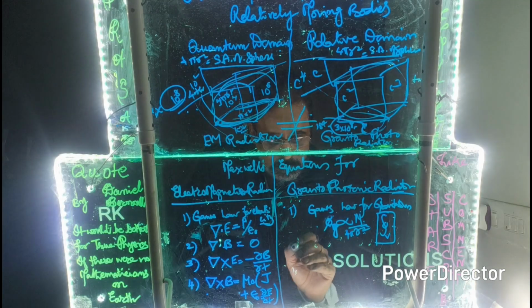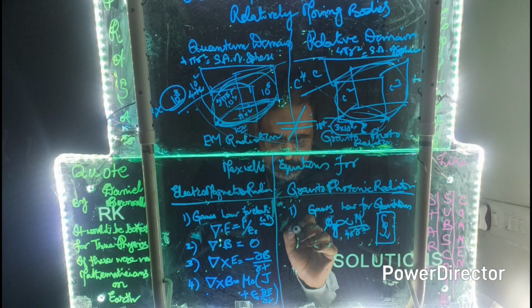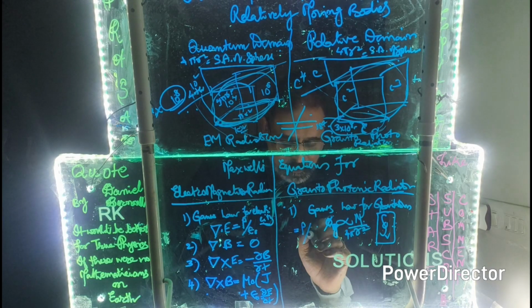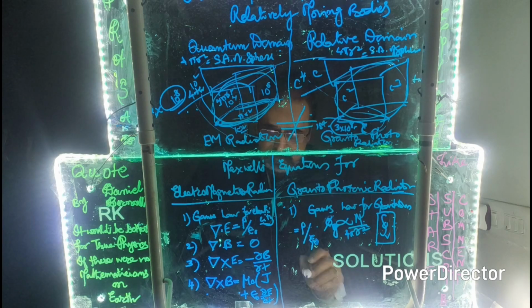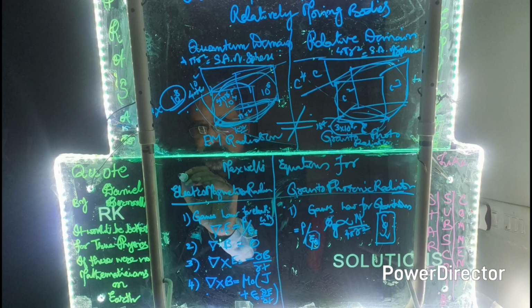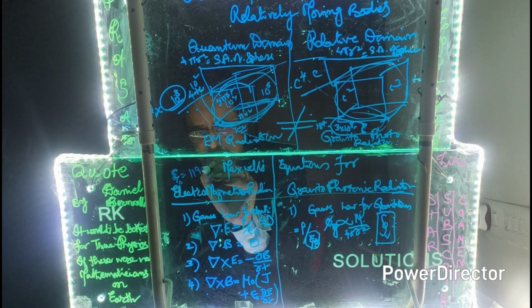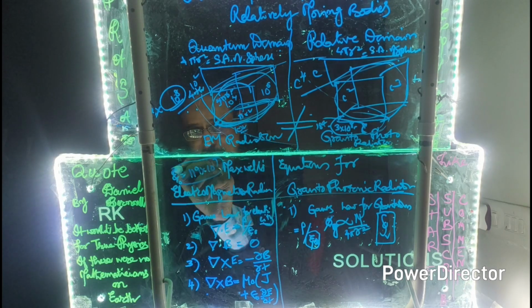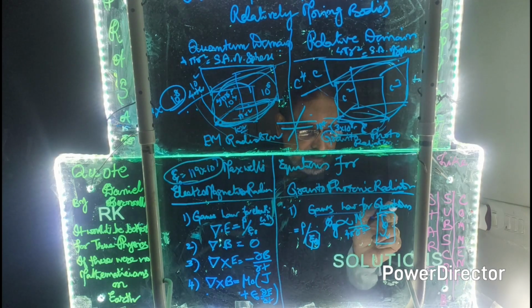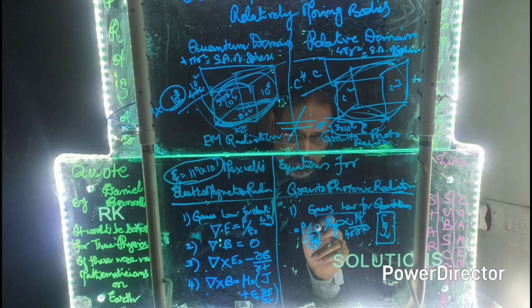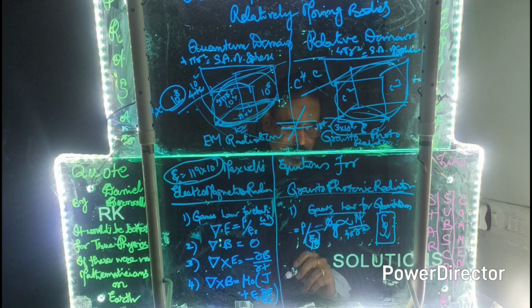That was the first law, which can as well be expressed as rho by xi naught instead of epsilon naught. What is xi naught? Xi naught is equal to 119 into 10 raised to 7. So Gauss law for gravitation can be expressed as rho by xi naught.